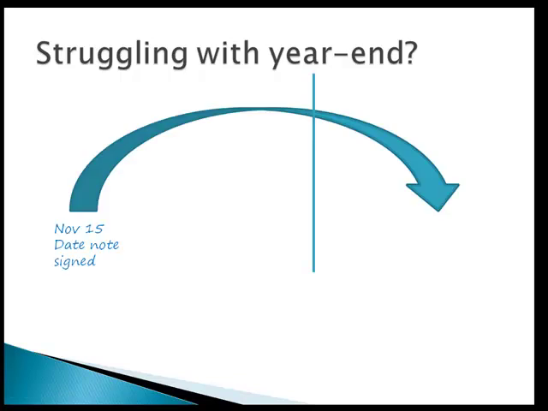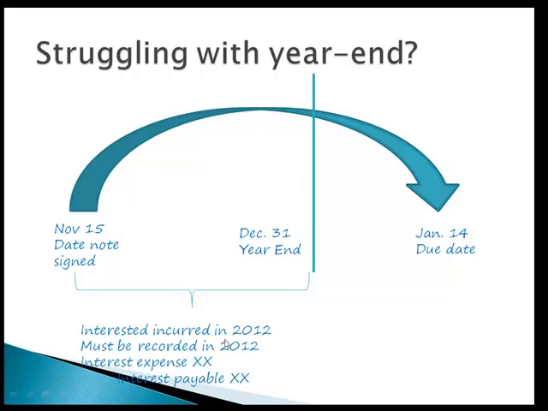Okay, so if you're struggling with year end, remember that November 15th was the day that we signed it. It was due on January 14th. On December 31st, we had to record an adjusting entry. So the interest incurred, and this says 2012, and we were working on 2010. So if it was incurred in 2010, it must be recorded in 2010. So there's your interest expense and interest payable.